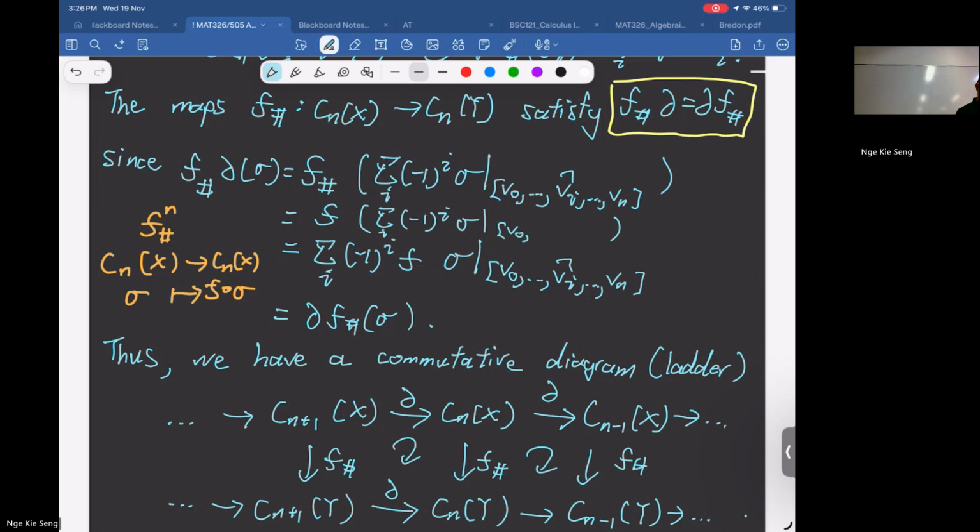Okay. And then I just pull the scalar out, because this is just the definition of scalar product, scalar and then sum.